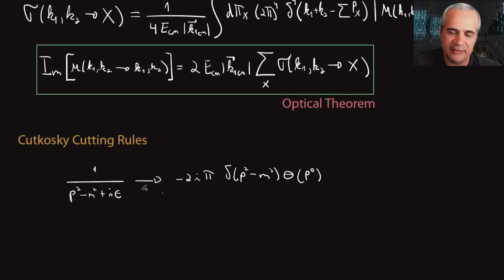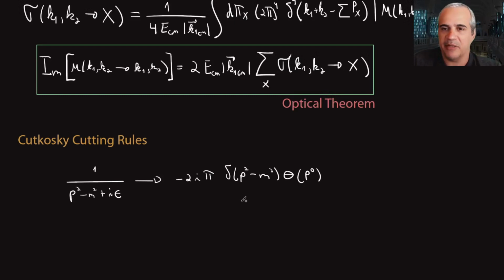And it's just one of these funny facts of life that make you feel like someone is making fun of you, that these rules for cutting diagrams, which actually we know the imaginary part of these diagrams is also coming from the branch cuts, right? You are actually calculating discontinuity across these.